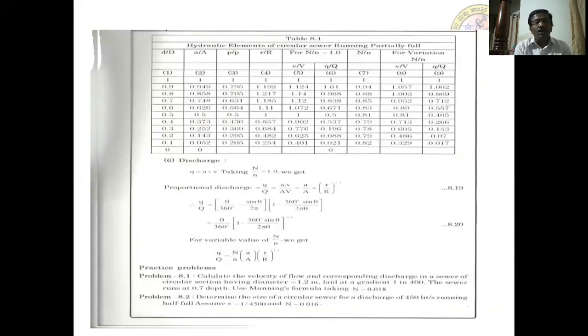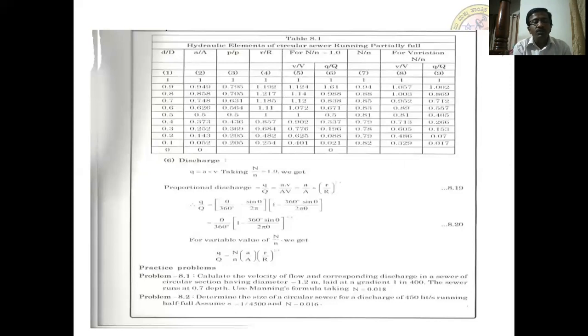For the hydraulic elements of a circular sewer running partially, before looking at which table gives the values, we go for discharge. Proportionate discharge, small q by capital Q, equals small a into small v over capital A into capital V, where n by N equals 1. We assume that as the depth of flow varies there is no variation in the value of n, therefore it is 1.